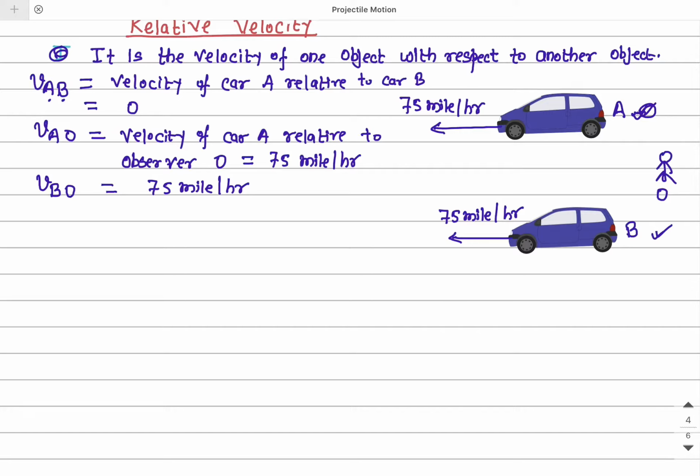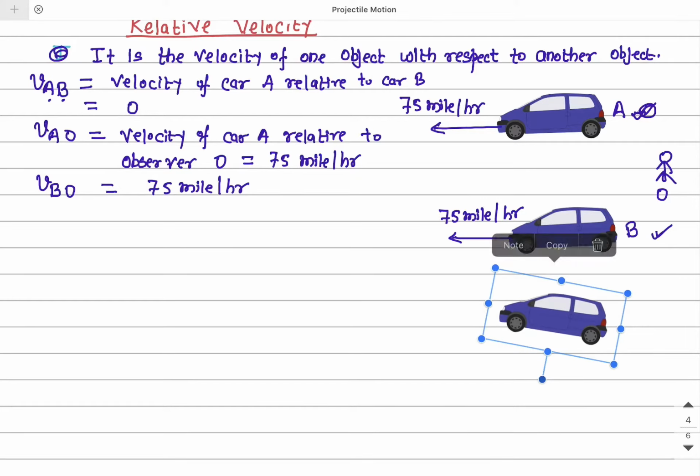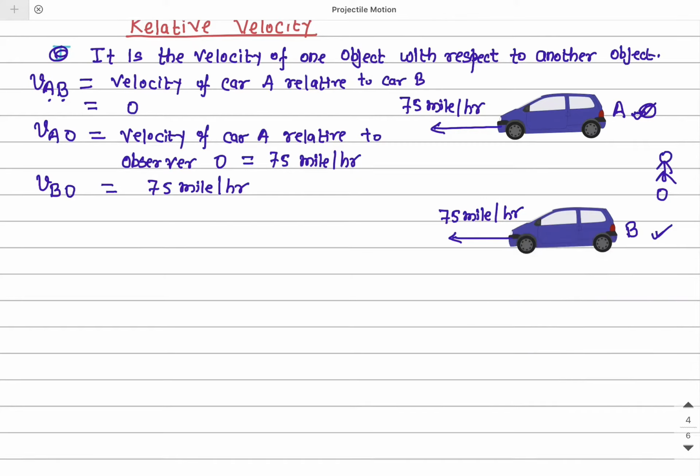Now let's assume this car is moving in the other direction. If you have a car which is moving in the opposite direction, then the distance between A and B would be changing with respect to time.